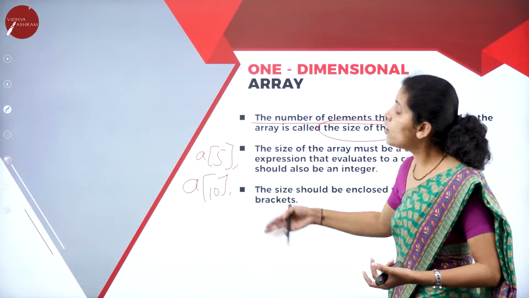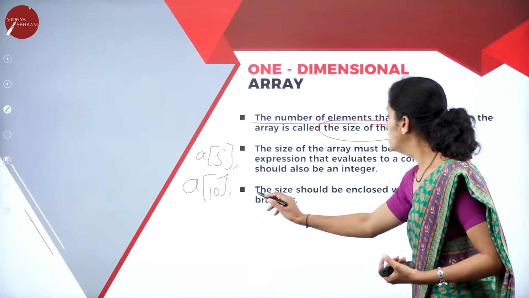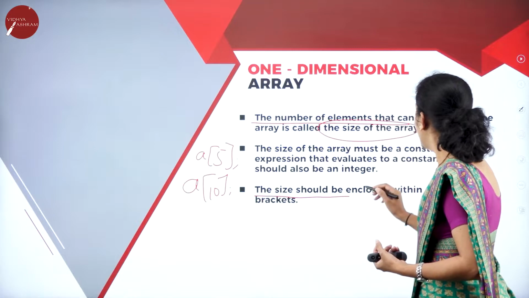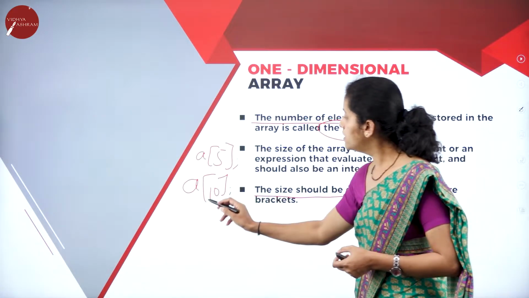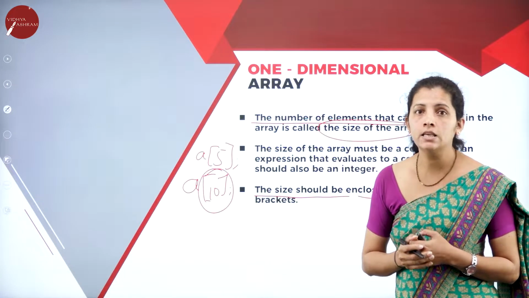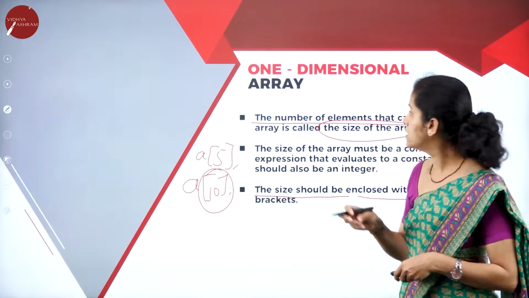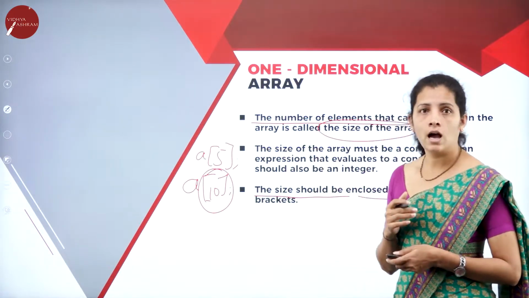If I write A of 100, then the size is 100. The size must be enclosed within square brackets. This is the way I can define my array.